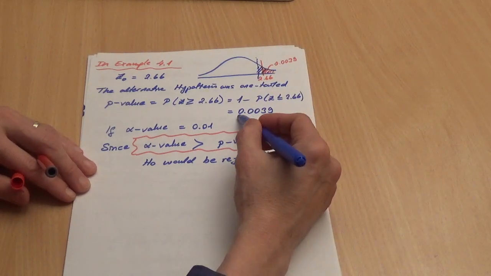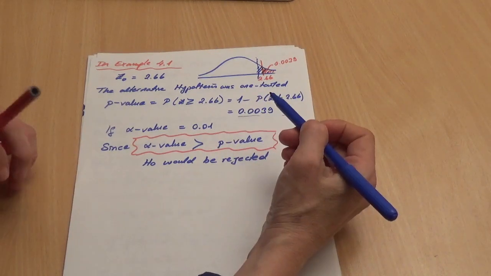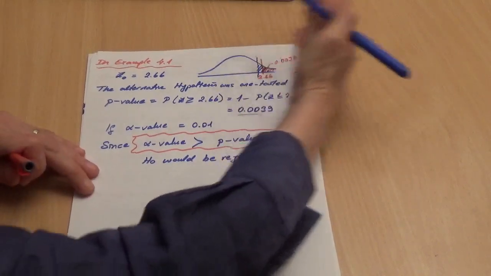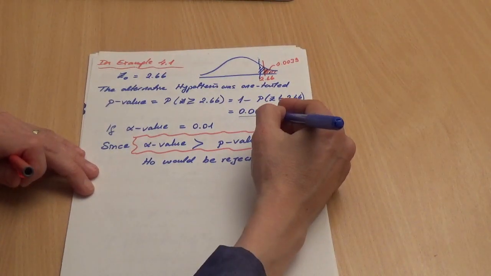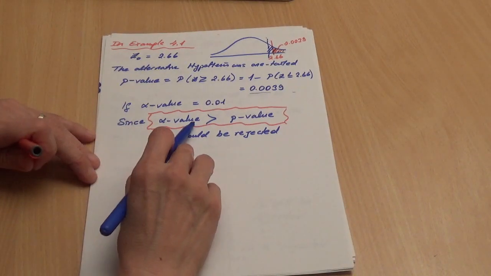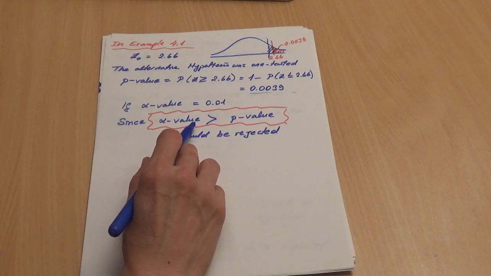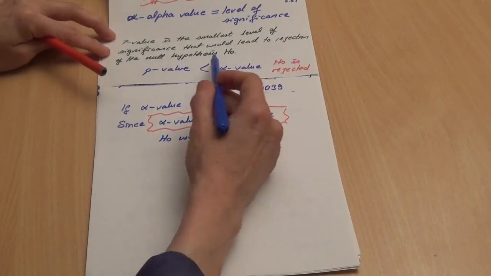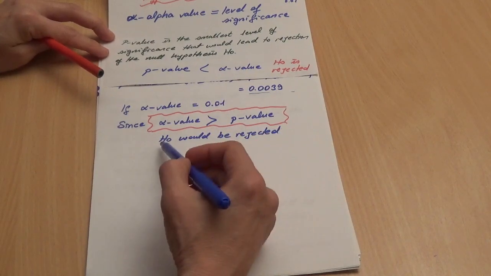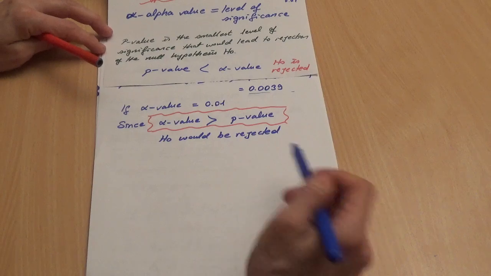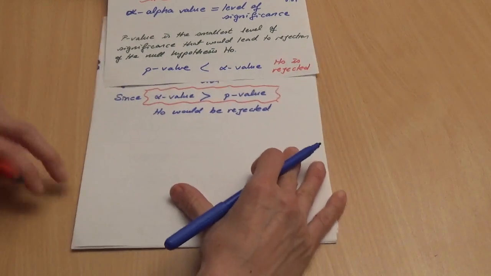So p-value is at the rejection part. This is greater. So this area is greater than this area. Since alpha value is greater than p-value, H0 would be rejected. We rejected the null hypothesis.